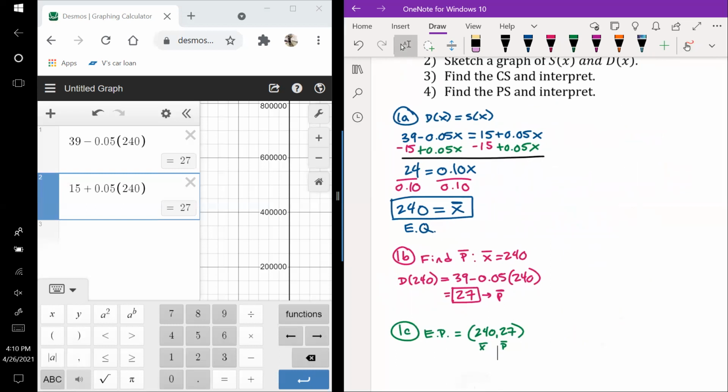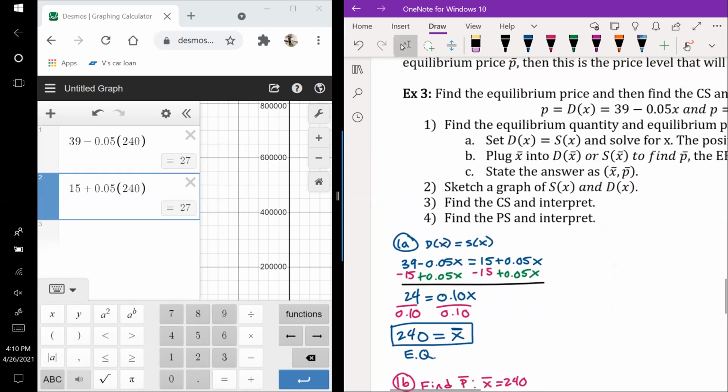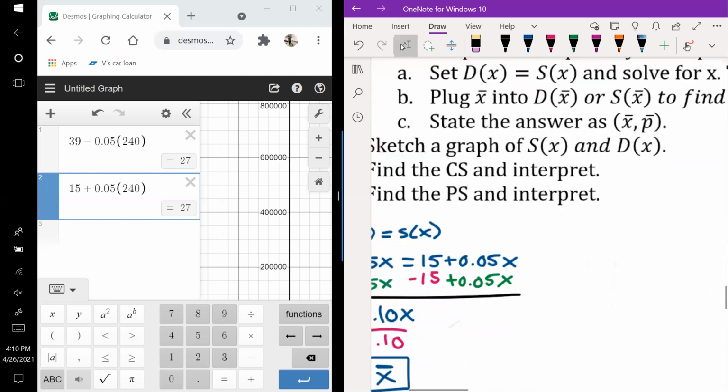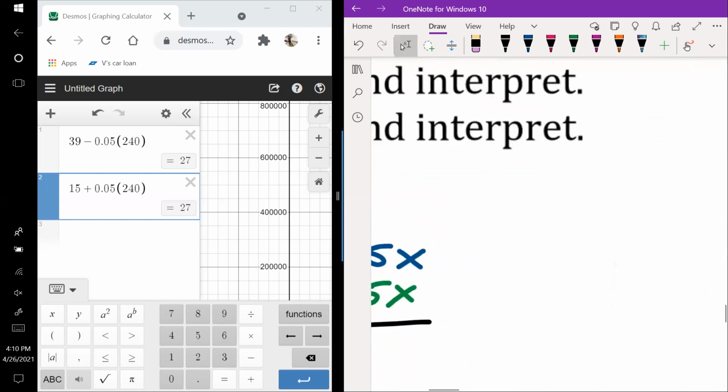Then step 2 says sketch a graph of s of x and d of x. Let's do our XY charts.